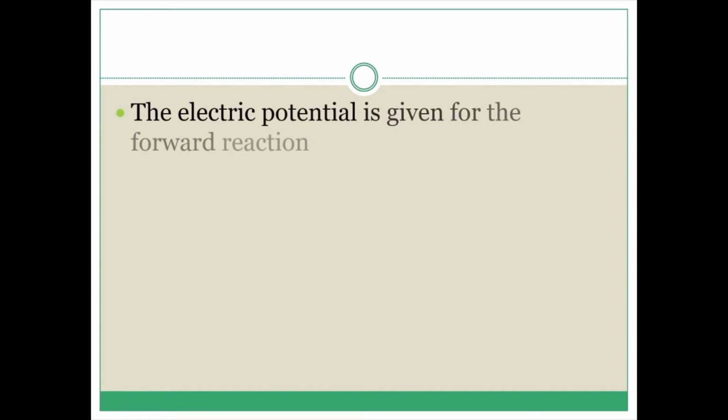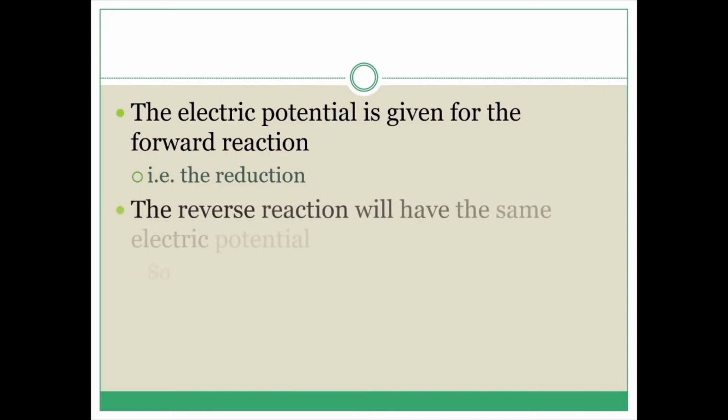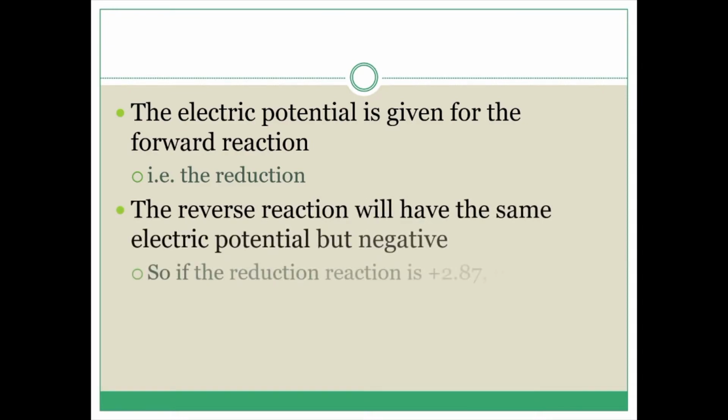Now the electric potentials written in the electric potential column are the electric potentials for the forward reactions, so they're the electric potentials for the reductions. The oxidations will have the exact same electric potential, only negative.